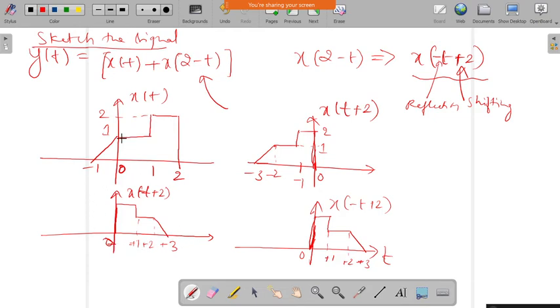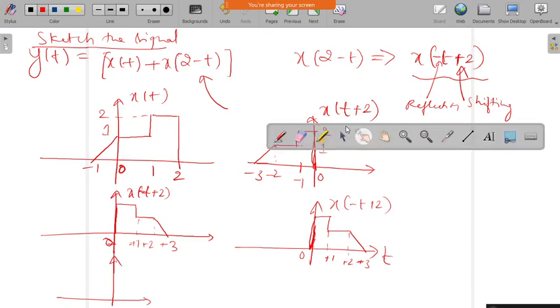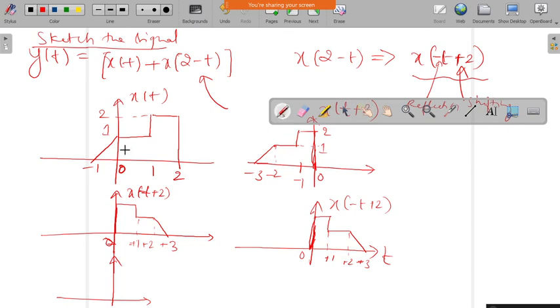Now you can see, whenever we add these two signals, we will go one by one. From minus 1 to 0, there is no signal here, so whatever the same signal is there will appear.